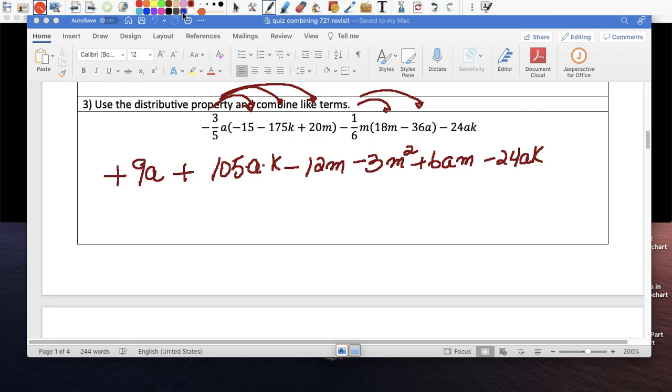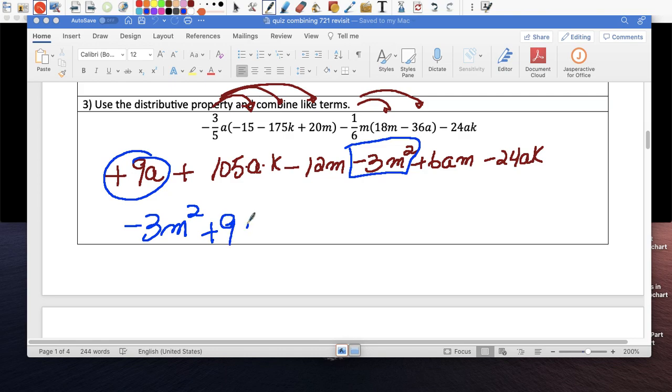That's the first part. Second part, now we have to combine like terms. Let's start with the term that has the highest exponent: negative 3m squared. Nobody else has an m squared, so that's going to stay the same. After that, I'm going to do it alphabetically. So plus 9a, I'm going to write it right here.